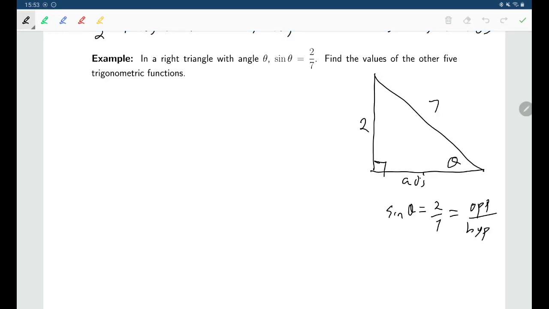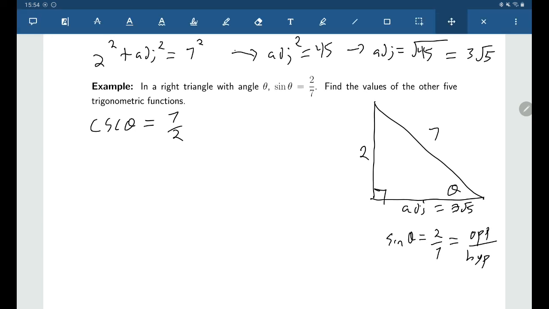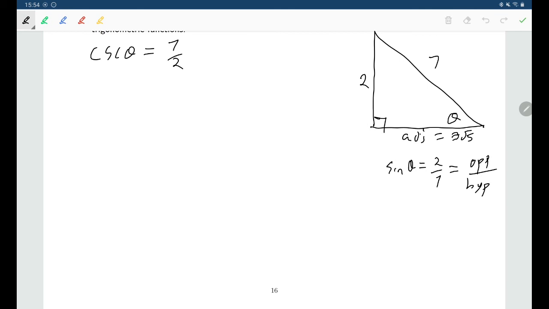I'll do the easiest one first, which is, we know that sine of theta is 2/7, and we know that cosecant is the reciprocal of sine, so actually cosecant of theta, we could have found that out right away. That should be 7/2. So now I just need to find the other 4 trig functions: cosine, secant, tangent, and cotangent.